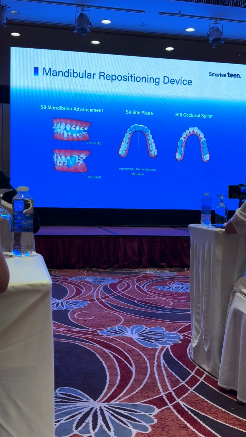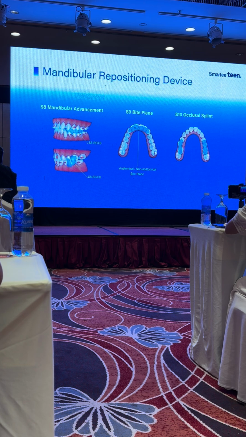So it's not used for mandibular advancement, because we have no blocks on the lower arch, so it cannot fix the mandible at a forward position. So in what situation, what indication, do we use S10? We use S10 in cases where we do not need to put the mandible forward.